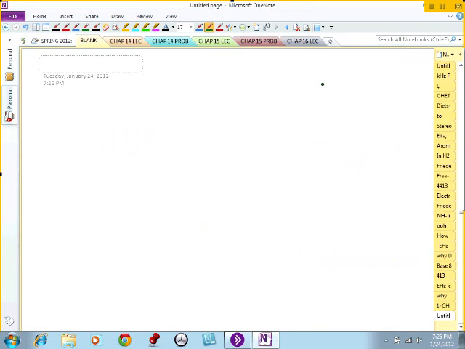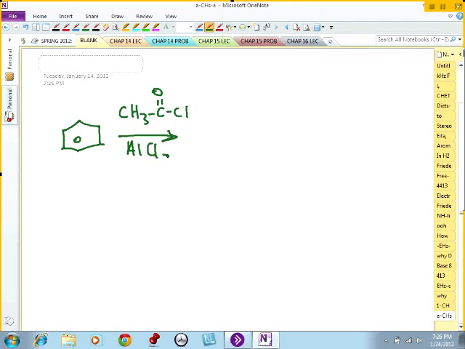Okay, a couple more reactions, then we could go. Supposing I give you this. This reaction we call Friedel-Crafts acylation.